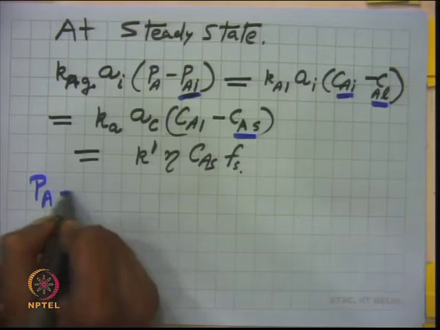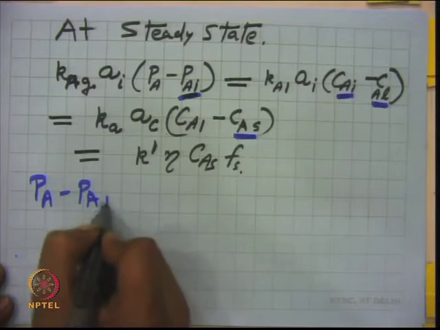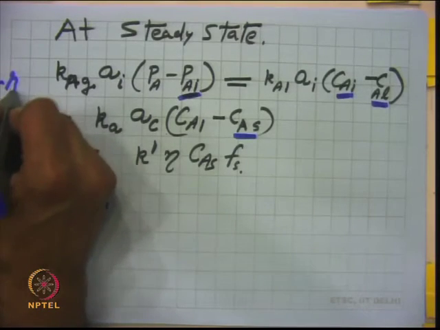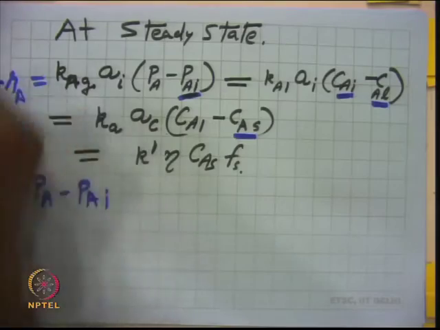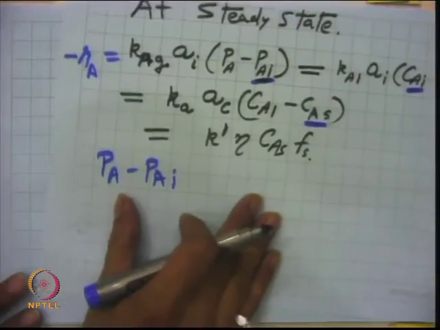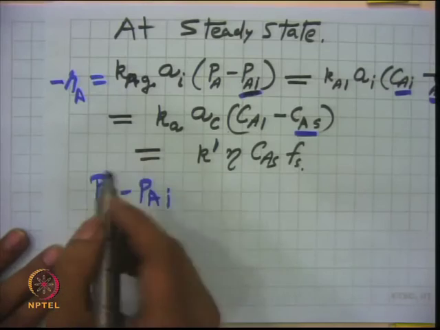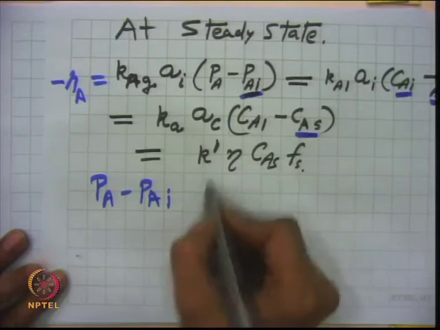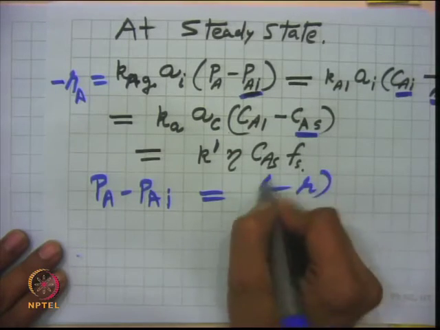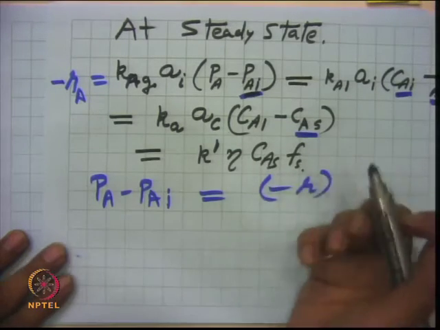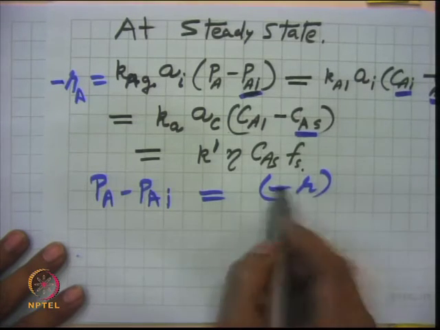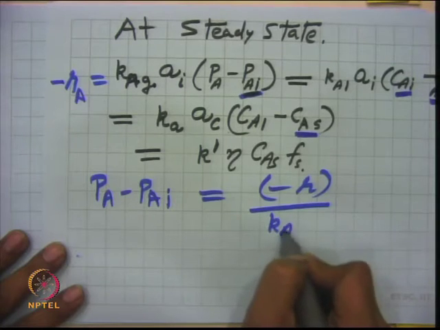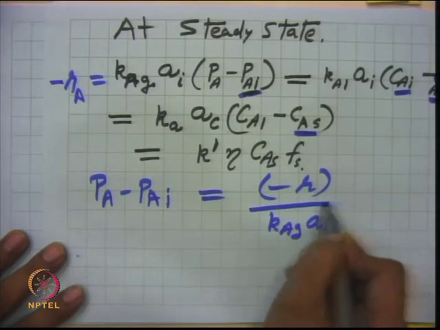So, P_A minus P_AI from the first expression is your minus R_A, if I write minus R_A in any convenient unit. The unit per unit volume or per unit mass can be written like this. What I mean to say is, P_A minus P_AI is simply your minus R_A, which is the volume times N_A in one way, total moles reacted, if I calculate on any convenient unit. So, multiply by the volume or whatever and divide by K_AG times A_I, something like this.